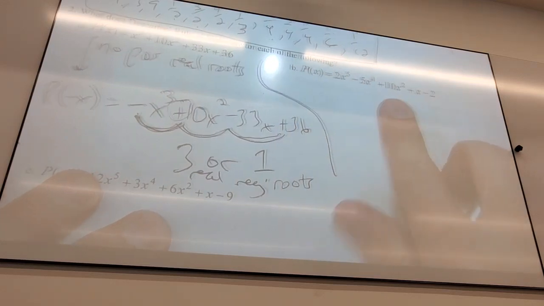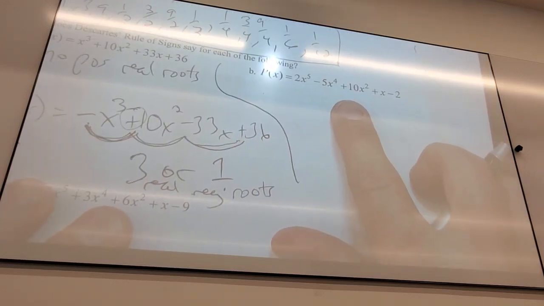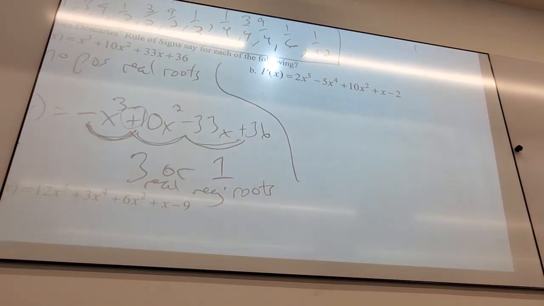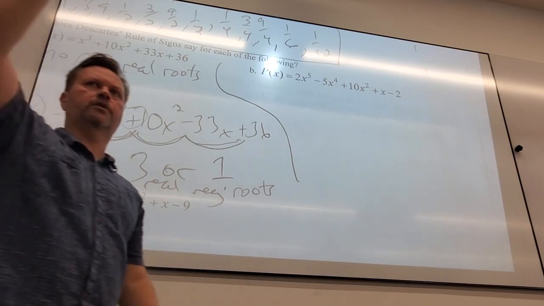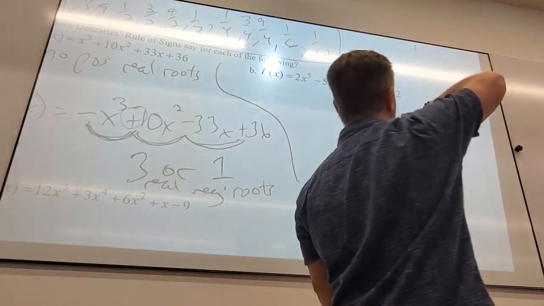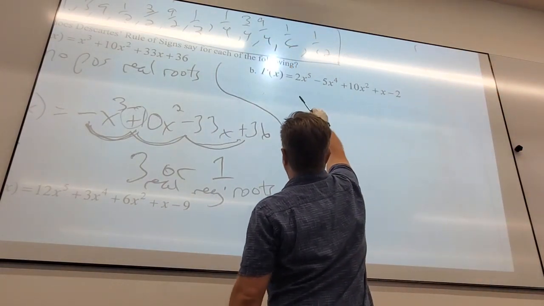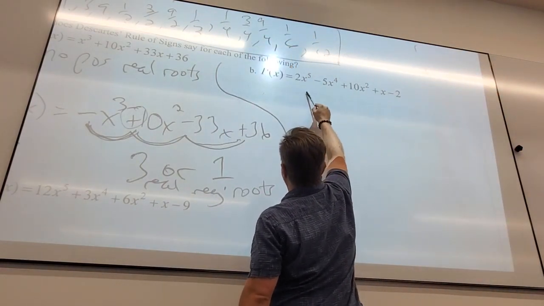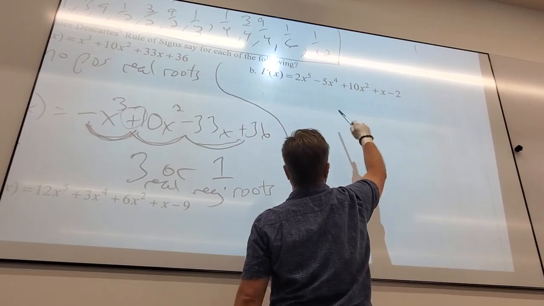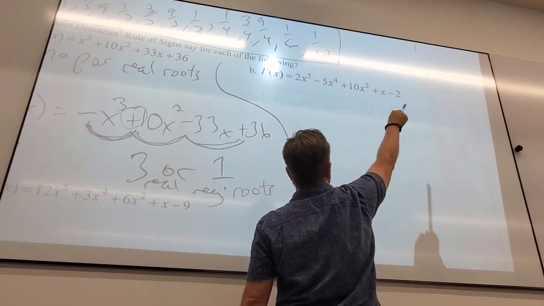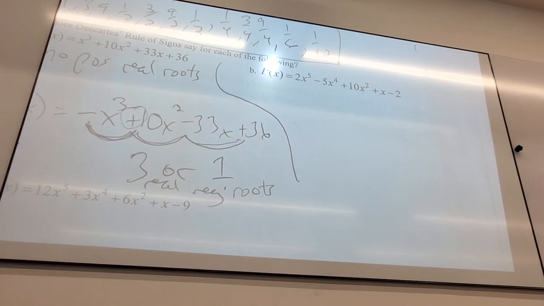All right, let's look at B. If you just leave it alone, looking at the signs, you can tell how many positive roots you're going to get. So what do we see? First thing is positive. How many sign changes do I see? Let's count.